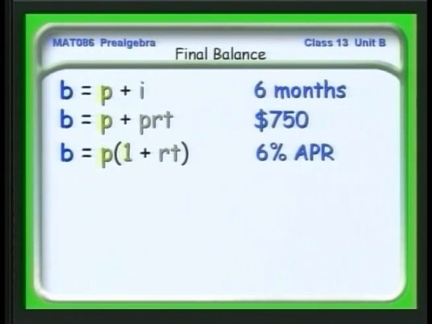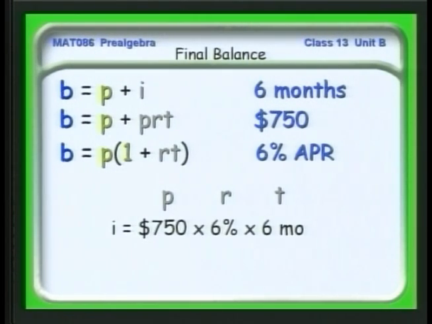Here's the information that I have. Those are the formulas written every which way for the final balance, and there's the information given in the problem. Let's calculate the interest and then add that to the principal. The interest is principal times rate times time. I'll put it in this way, change rate to a decimal, and 6 months.